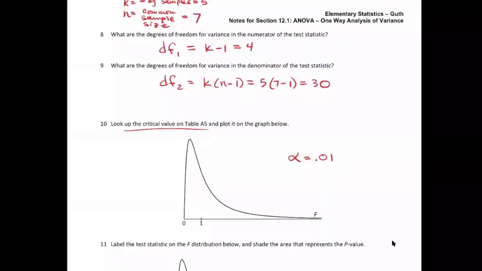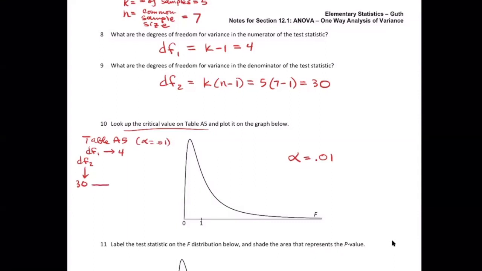Okay, let's draw a little picture of that. So, table A5, DF1 was 4, DF2 was 30. Use the alpha equal 0.01 part of the table.